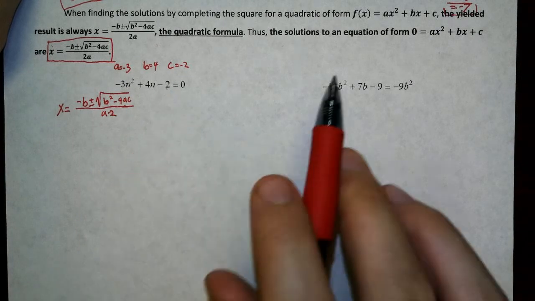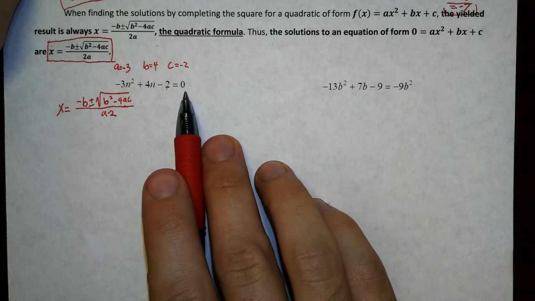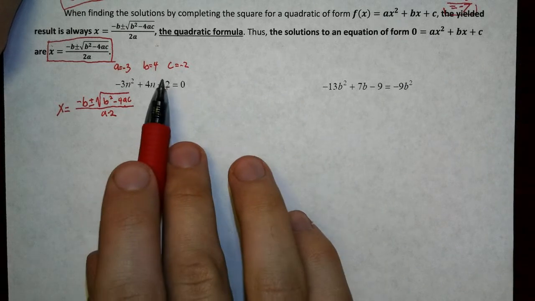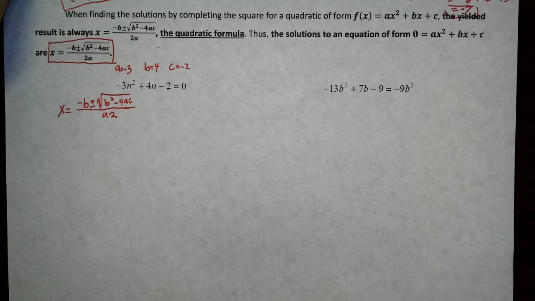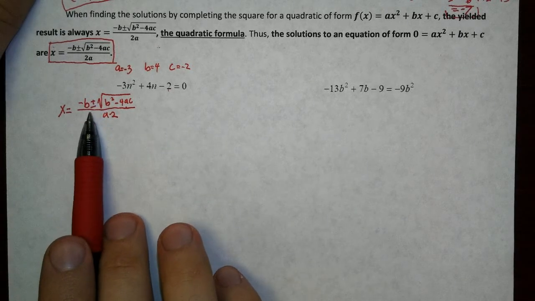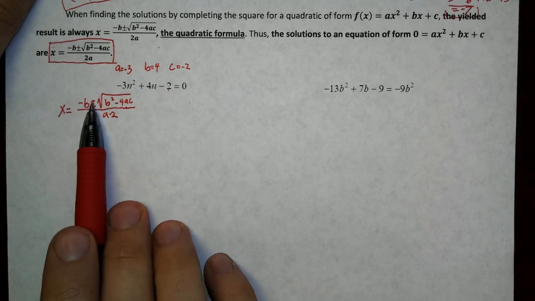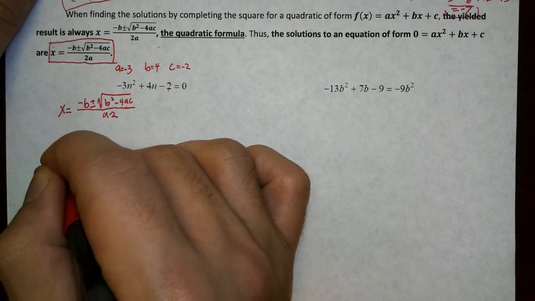How do I know? It is already in standard form, and it is set equal to 0, just like a solution would be. Now I can use this to find out what both of my x values are. And side note, notice the plus or minus. How many solutions does that mean we are going to have?